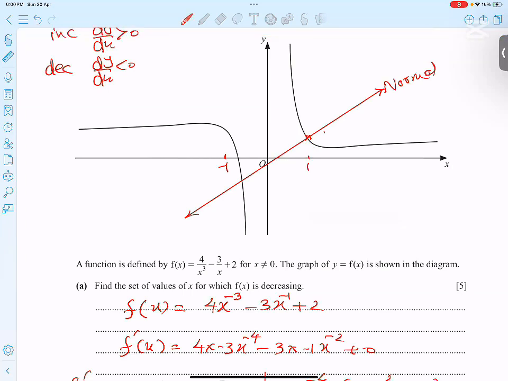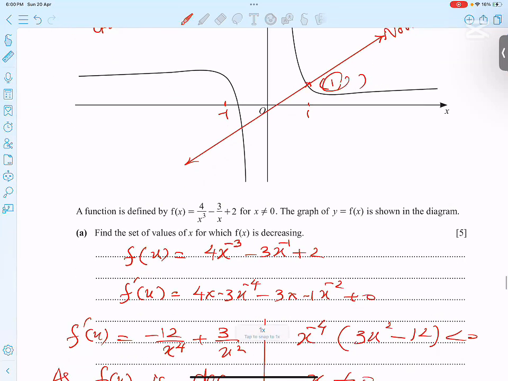But x is 1 we have, y I don't have. So I'm going to plug this x value 1 in here and get y. So y is equal to 4 over 1 minus 3 over 1 plus 2. I got 4 plus 2, 6. Out of 6, 3 gone. We got 3. So it means the point is (1, 3).